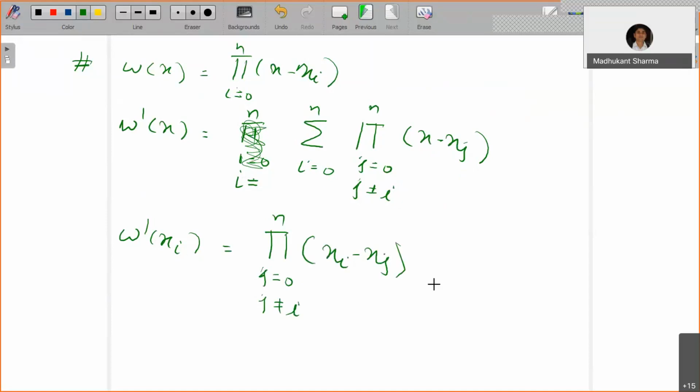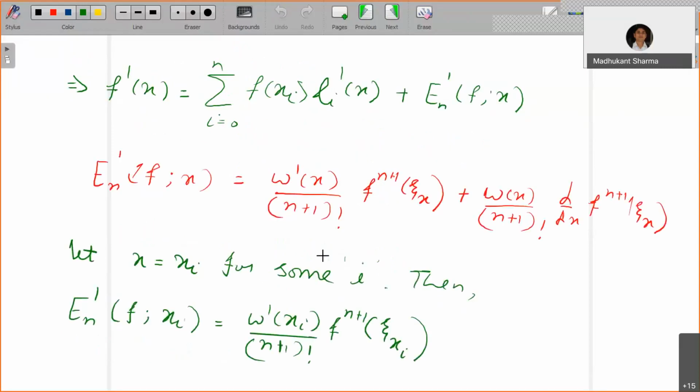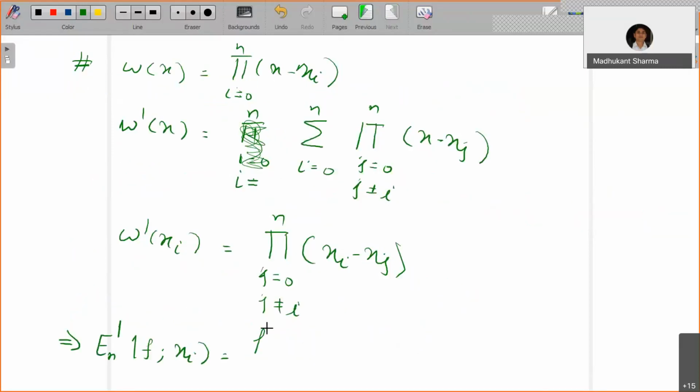So we have the explicit expression for w dash at xi. With this, the error term at xi equals the n plus 1th derivative of f at zeta of xi divided by n plus 1 factorial times w dash at xi, and w dash at xi can be replaced by this.